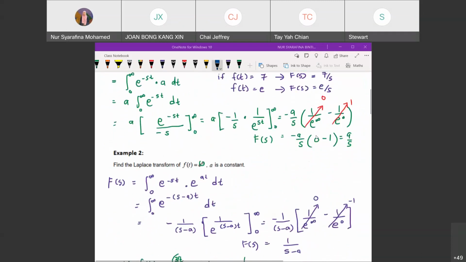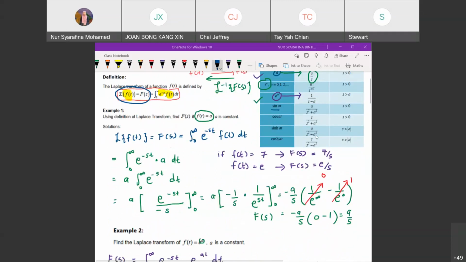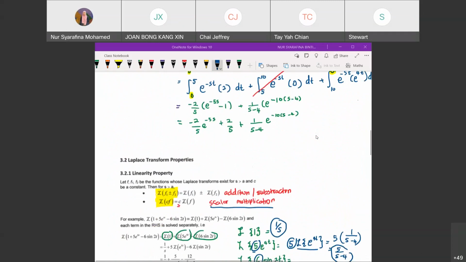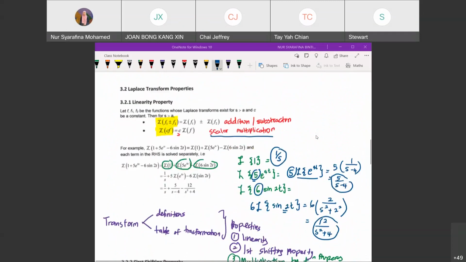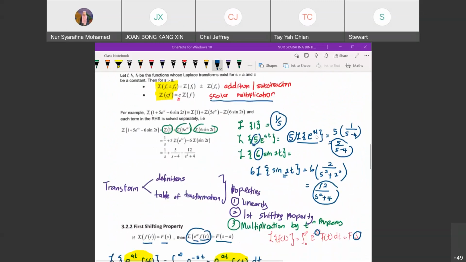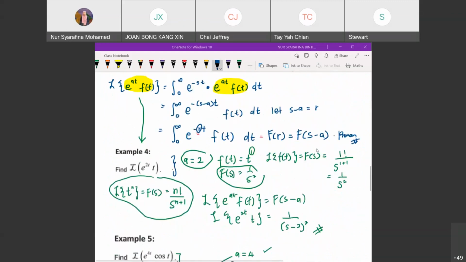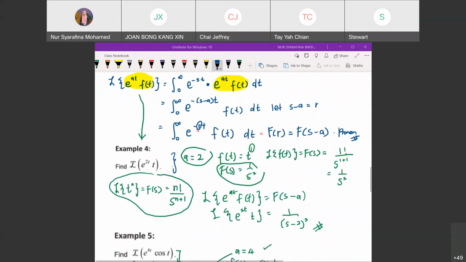Once you know how to apply the definition, you can implement it in terms of properties. We have linearity, we have shifting, we have multiplication by t to the power of n. Okay, let's just stop up until the third property here. In your notes, we have a lot of properties. After this, we're going to learn about second shifting and special types of functions.